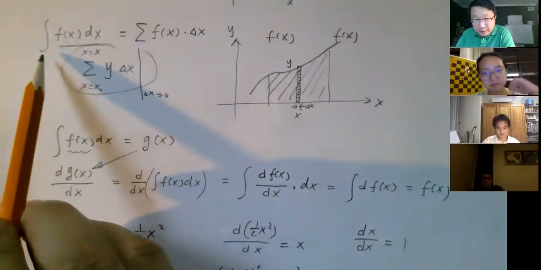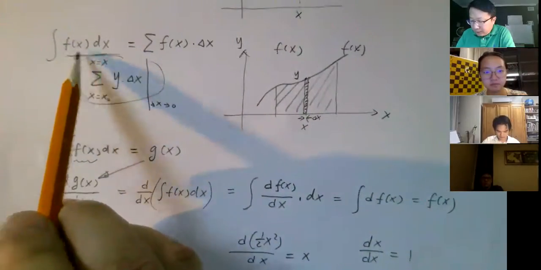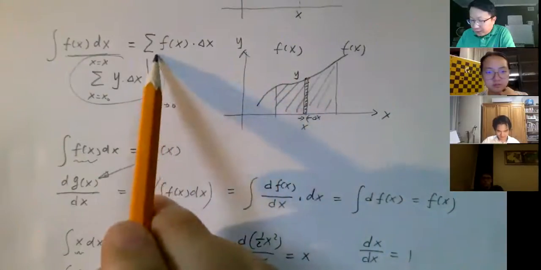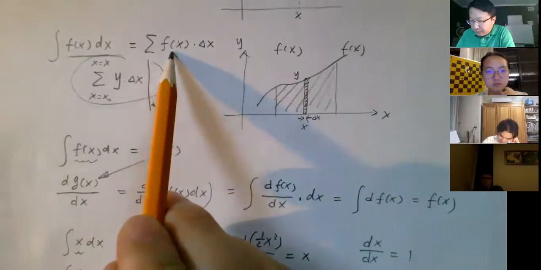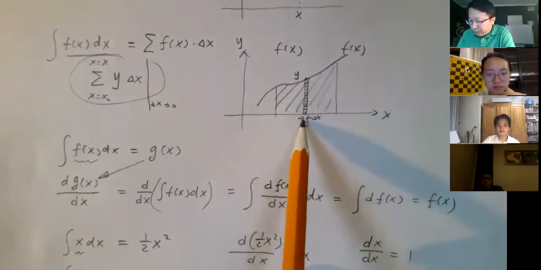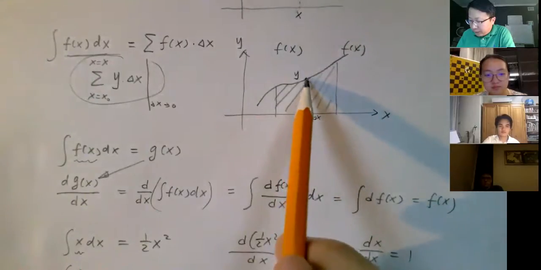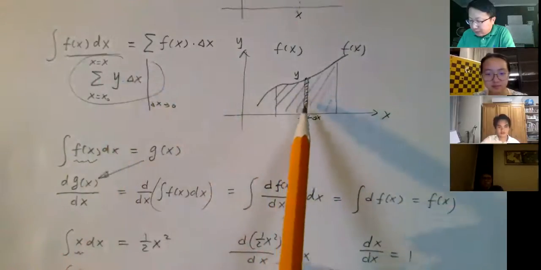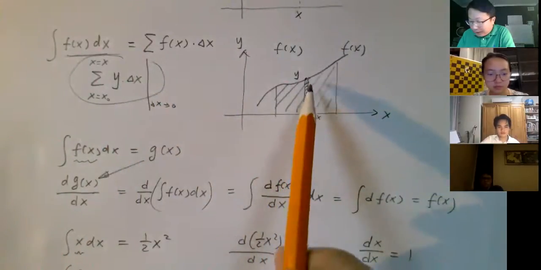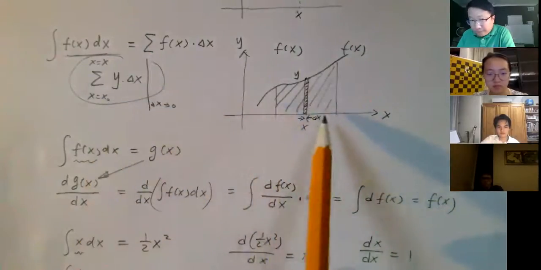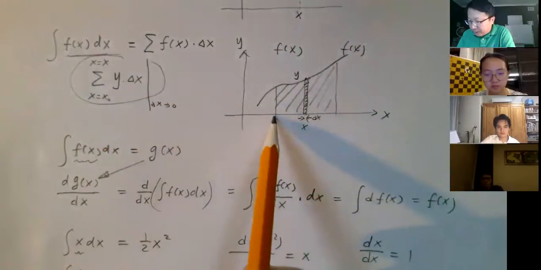By definition, it is really a sum of all those small stripes, with width delta x, and y times delta x is the area of this very tiny narrow stripe. Then you add everything together, moving from this location to here.